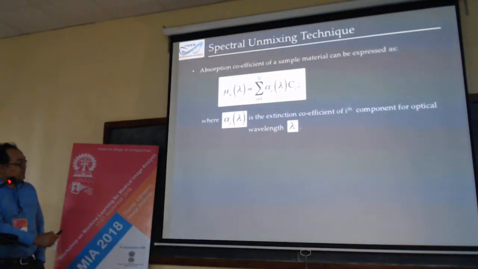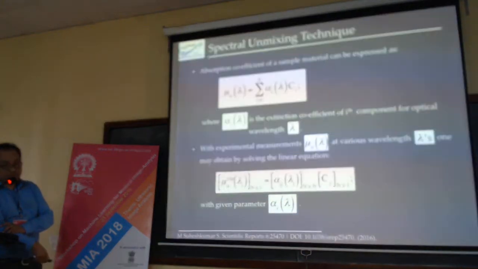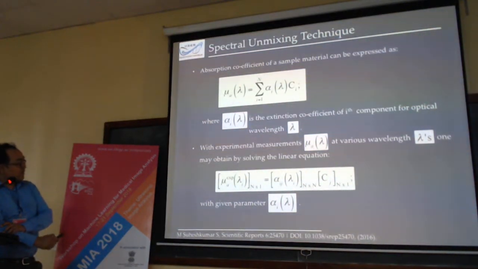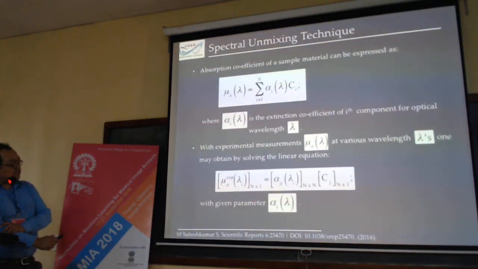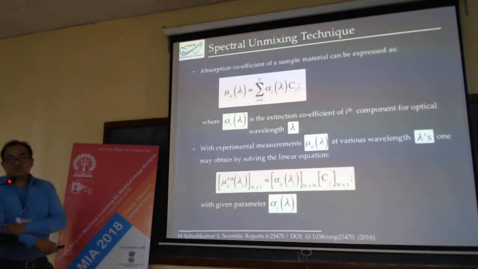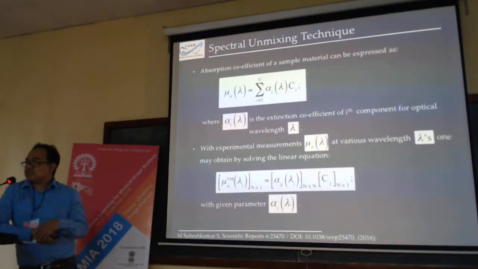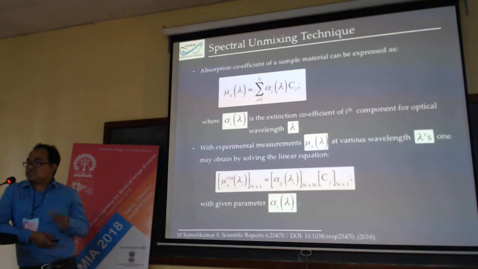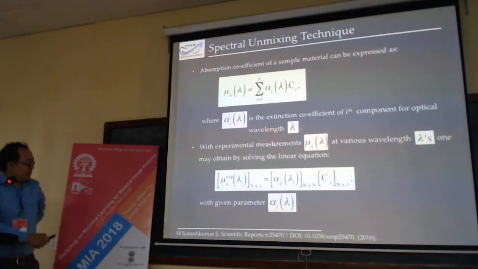If we measure these absorption coefficients for various wavelengths, then we have a number of equations, where the extinction coefficients come from our experimental measures, from established literature. This is the concentration that we want to measure for an unknown sample. What is the concentration of the hemoglobin? What is the concentration of the oxygenated hemoglobin and all these things?